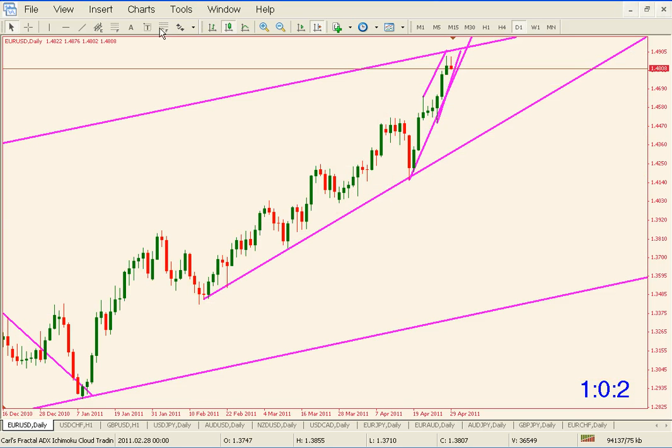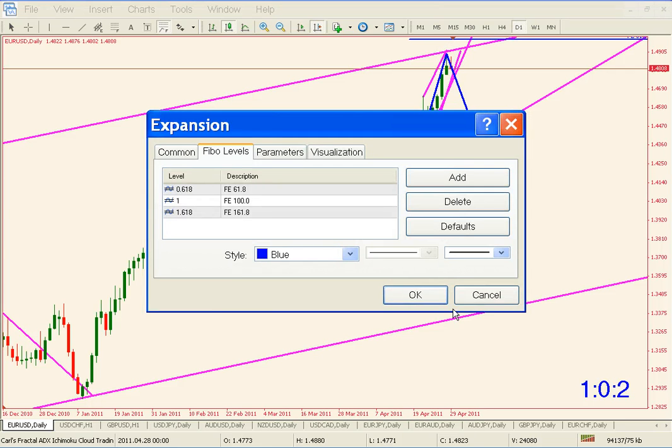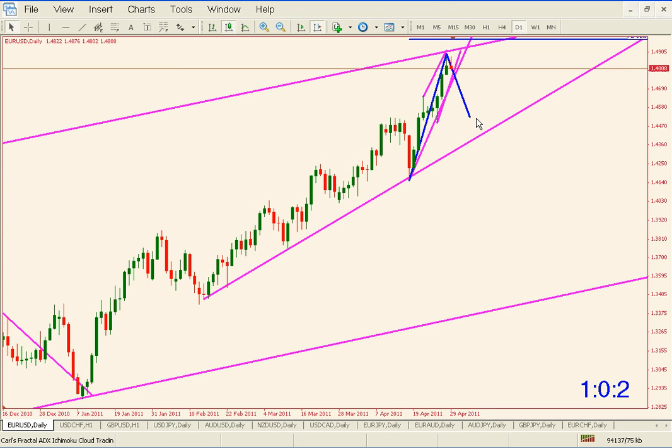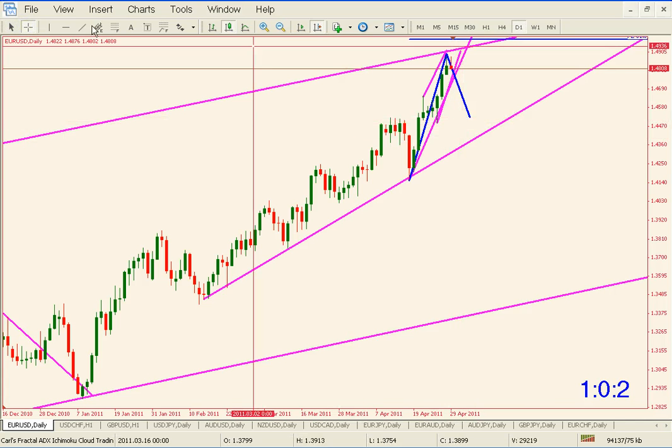That's what I see, and let's try to do these Fibonacci expansions and see what that's saying. Also, that's bringing us in this area right here. Let's put the extensions in there, retracements.